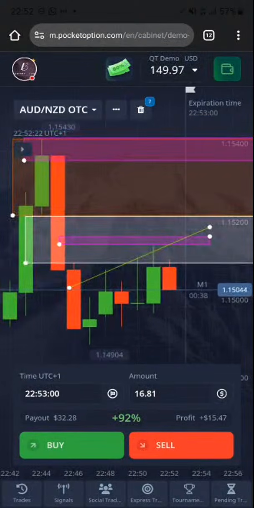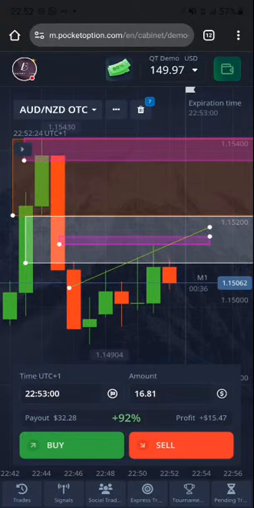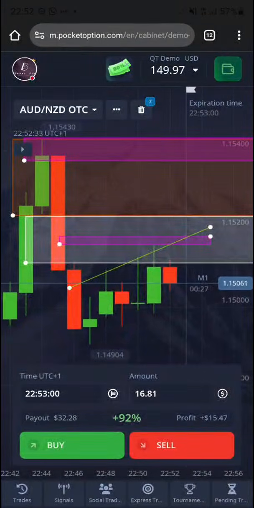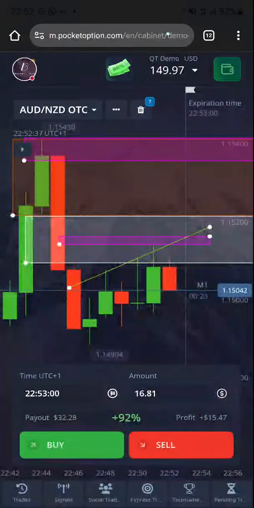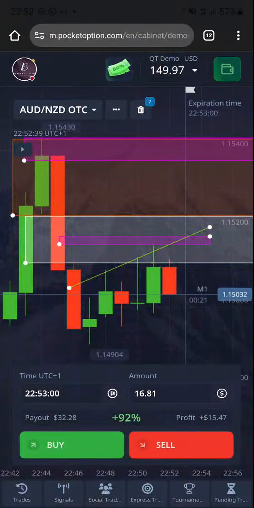So guys, this is how you take your trades. You understand? You have to look for the best entries. The best entries will give you the highest win rates. And normally, if I was in the market and I've gotten to 50% of my initial balance, I'm done. I will just stop. Why?